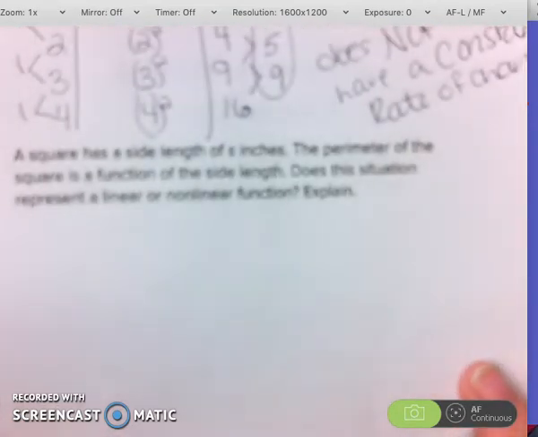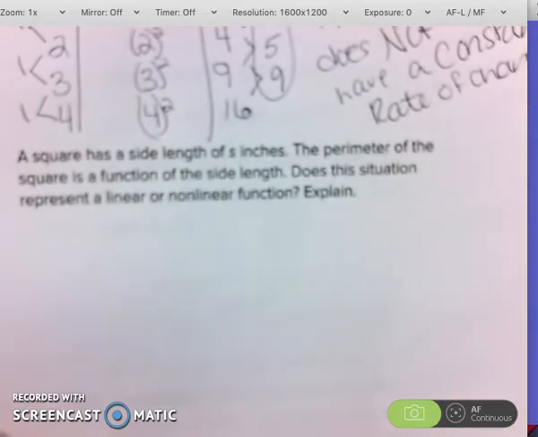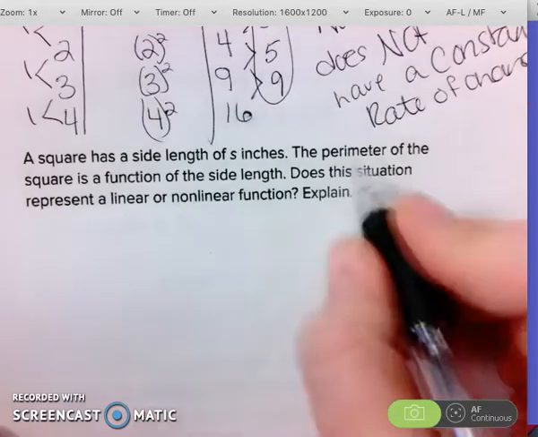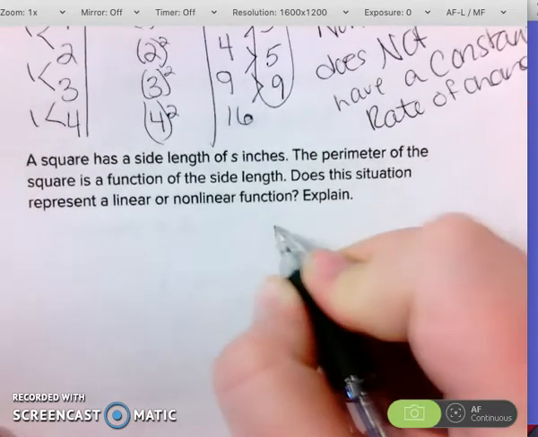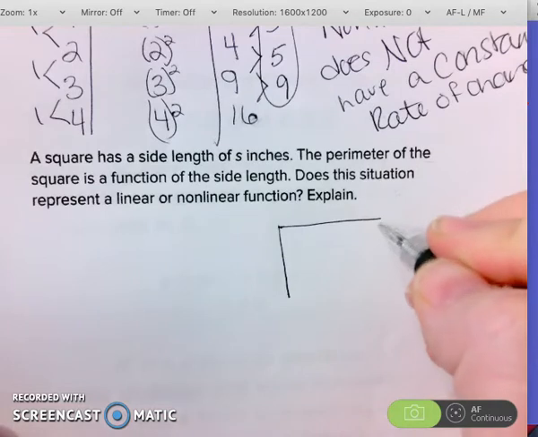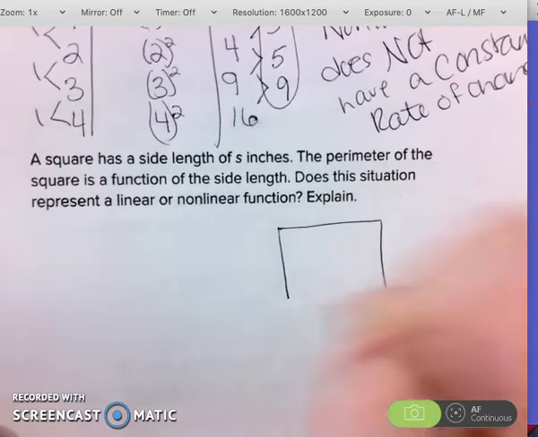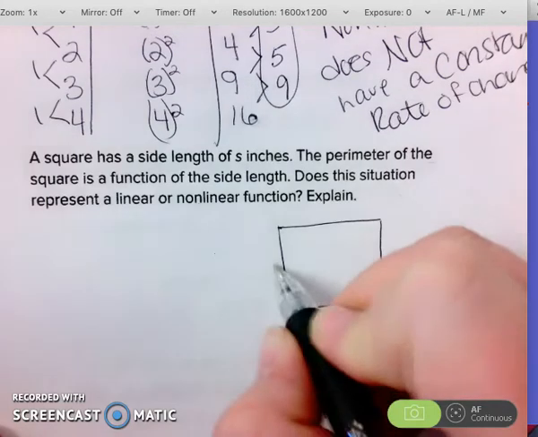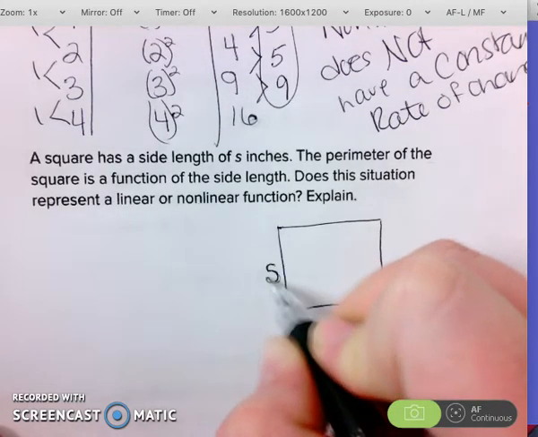Okay, so our last problem, a square has a side length of s inches. The perimeter of the square is a function of the side lengths. So does the situation represent a linear or nonlinear function? So the perimeter is going to be all of your side lengths of your square added up. If this is s, it's just representing the side length.